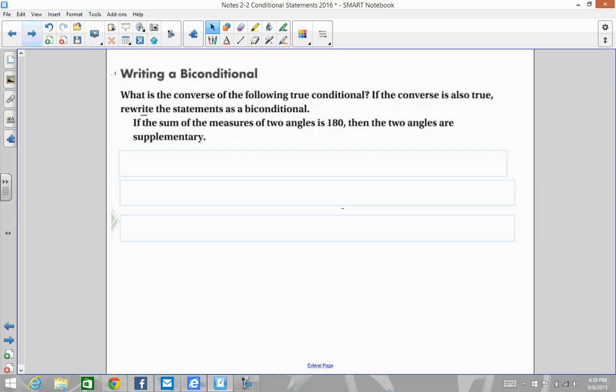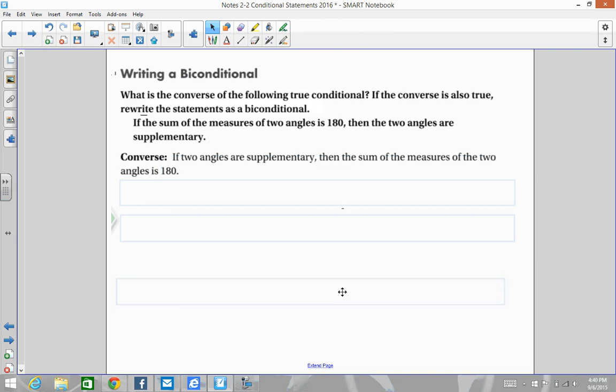So, writing a biconditional. What is the converse of the following conditional statement? If the converse is also true, rewrite the statement as a biconditional. If the sum of the measures of two angles is 180, then the two angles are supplementary. The converse is, if two angles are supplementary, then the sum of the measures of the two angles is 180. These are both true statements.